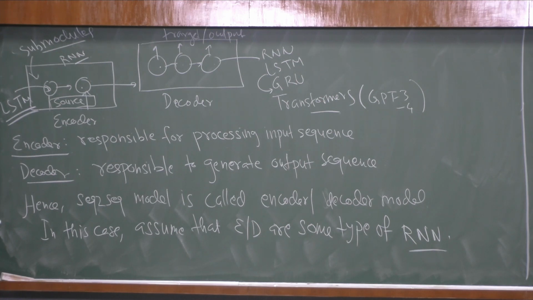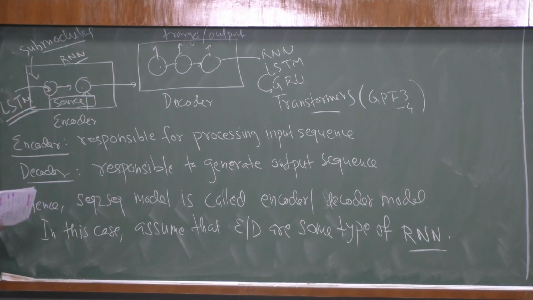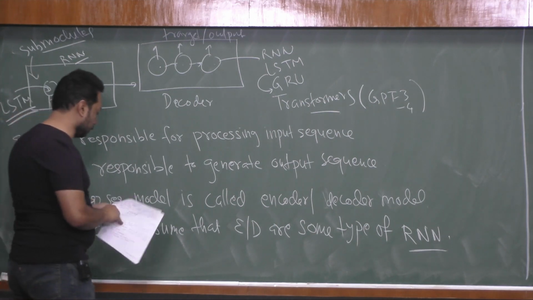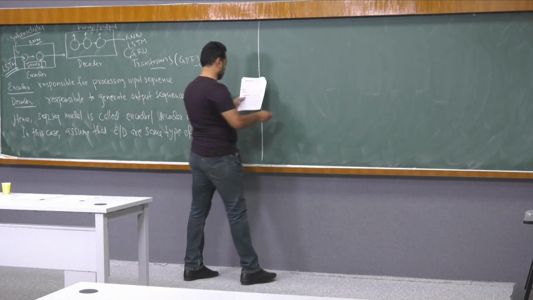Now let us look into this encoder-decoder model and try to see how it works with a small example. A small structure first.